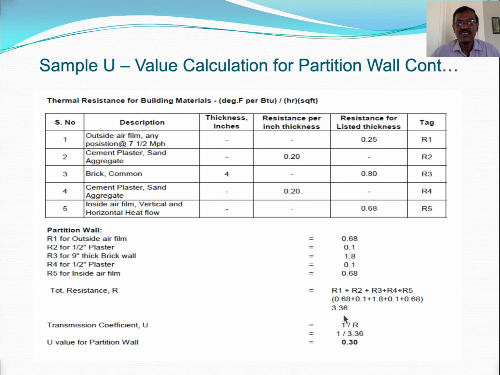So the total resistance works out to 3.36. Just see, earlier it was 2 point something and now it is 3.36. The U factor works out to 0.3. In the exposed wall it is 0.34; in the partition wall it is 0.3. To that effect, the heat transfer rate will get reduced through the partition wall.